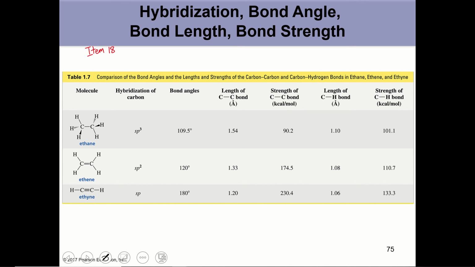They're going to have a shorter and stronger bond than the sp3. And bonds with sp orbitals are going to have a bond angle of 180, and they're going to have a shorter length and a stronger bond.